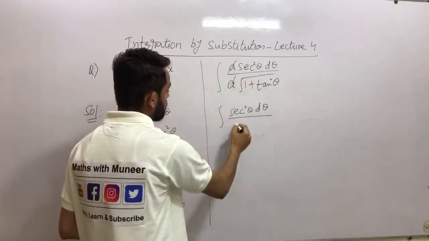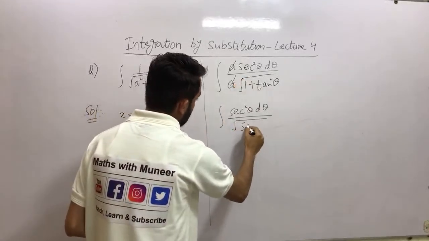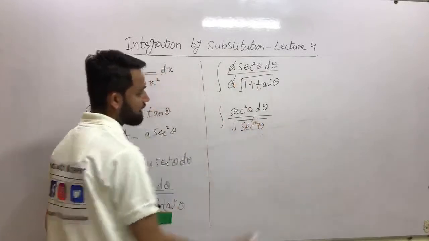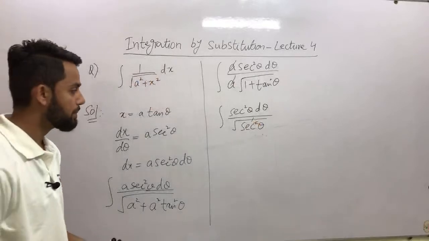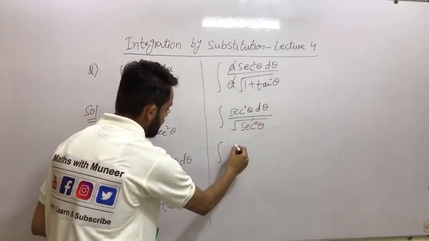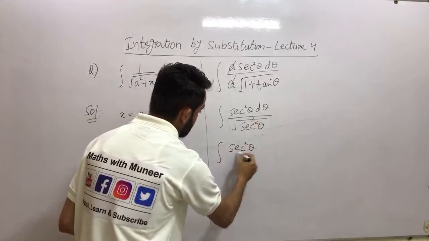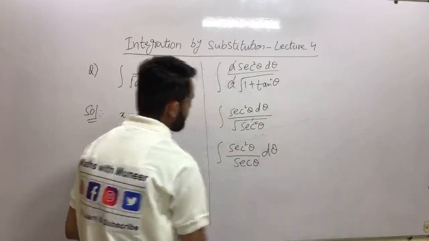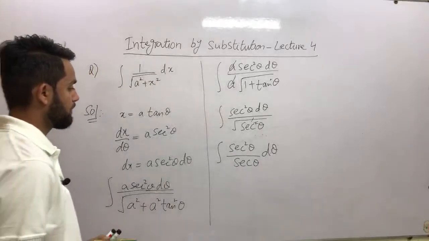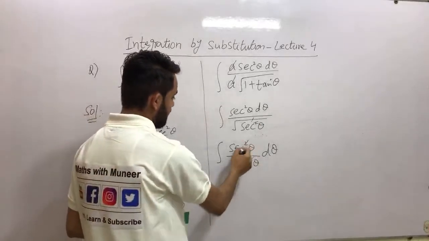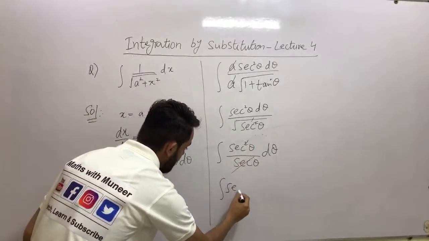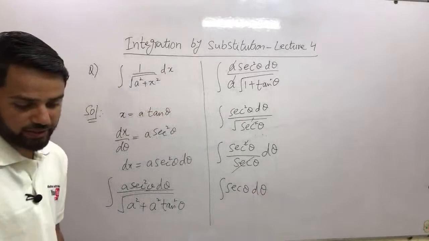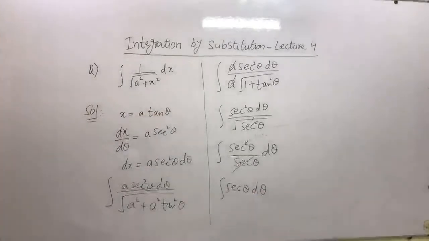So this would be the square root of secant square theta. Now this square will cancel with that square root and this becomes secant theta. So the integration of secant square theta over secant theta d theta, and one secant theta will cancel, and we have secant theta. If you have any confusion till here, please ask me so that I could make it clear.